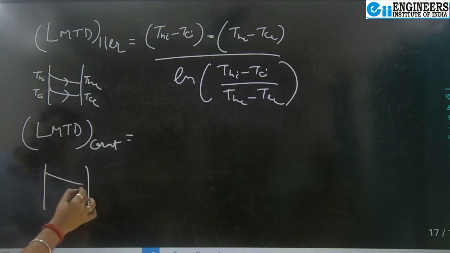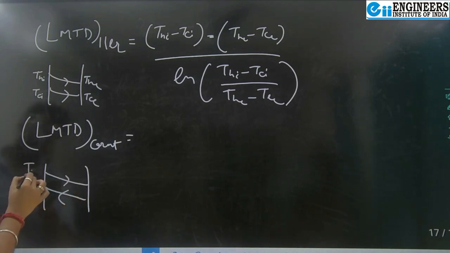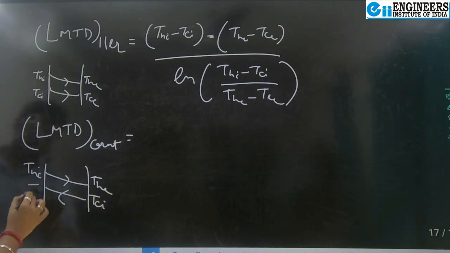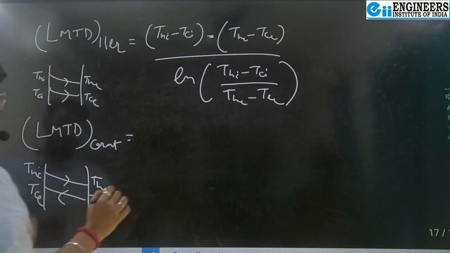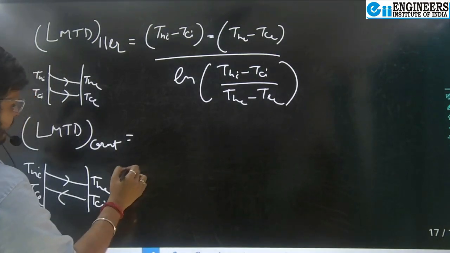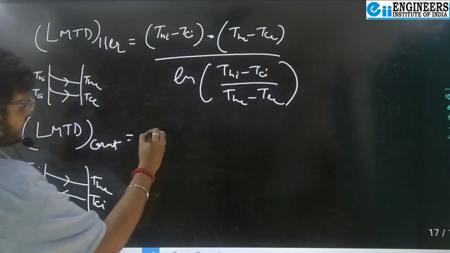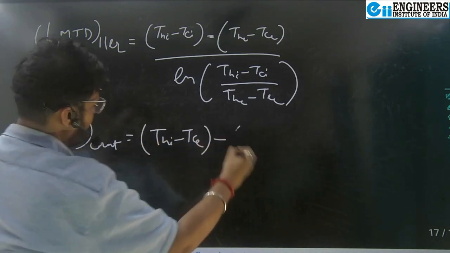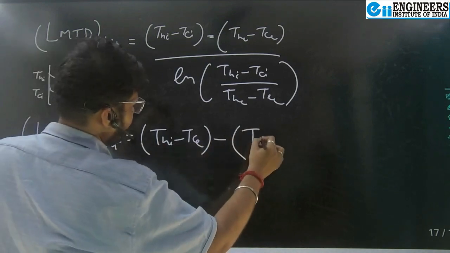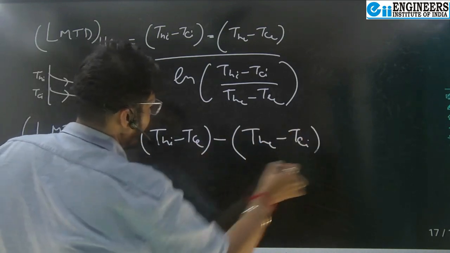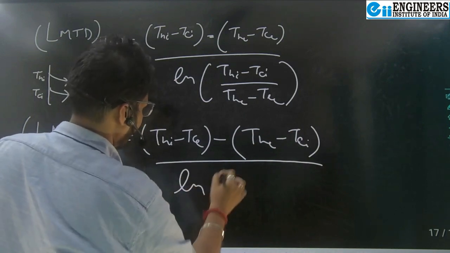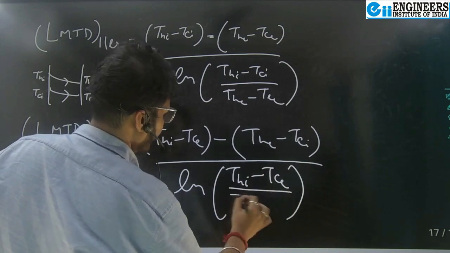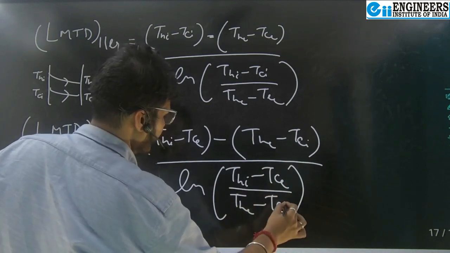It will be (Thi minus Tce) minus (The minus Tci), divided by ln of (Thi minus Tce) divided by (The minus Tci).